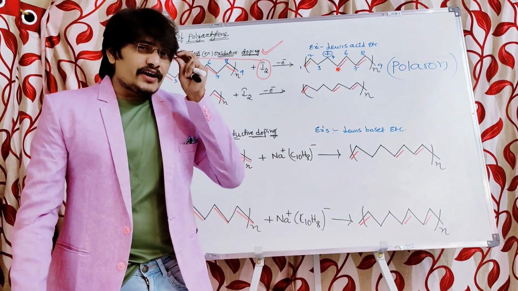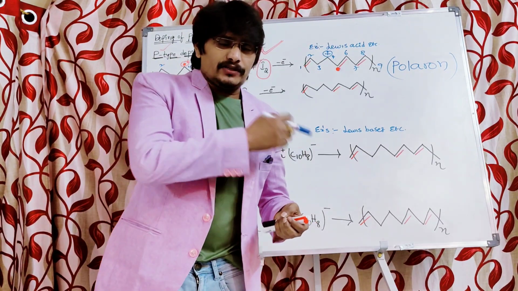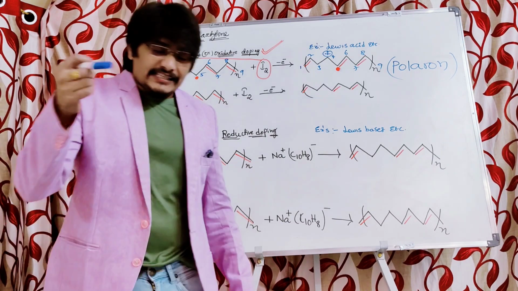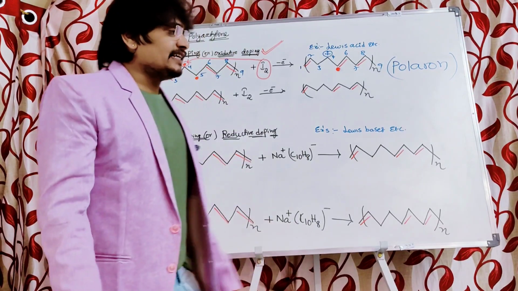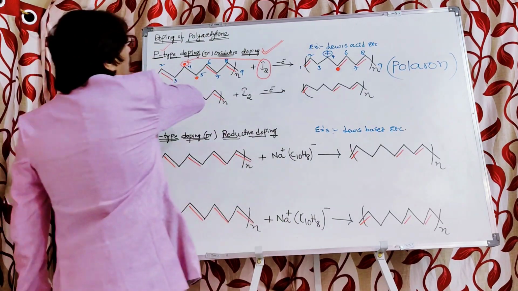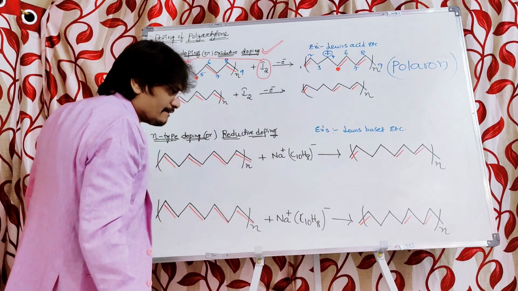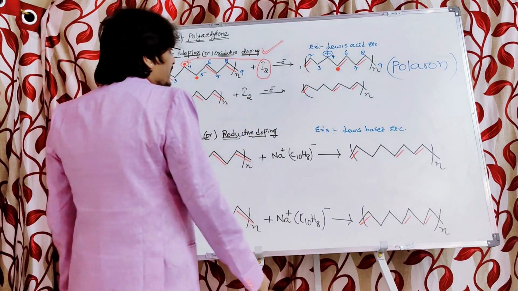Now, what for are we doing this particular process? Why are we adding the iodine to this? Iodine is the oxidizing agent. Since it is an oxidizing agent, it is grabbing one of the electrons from the polyacetylene. The loss of electrons in the polyacetylene is taking place.